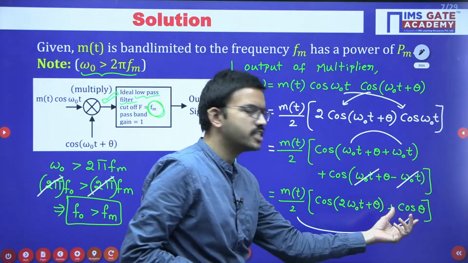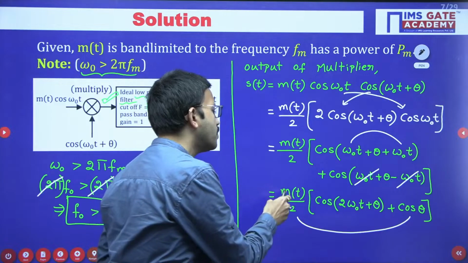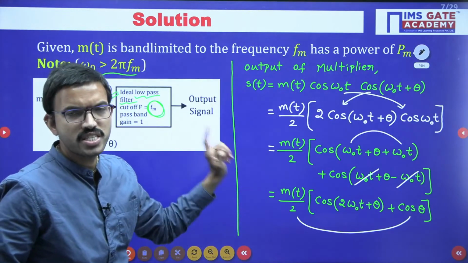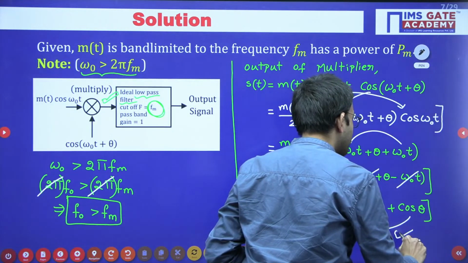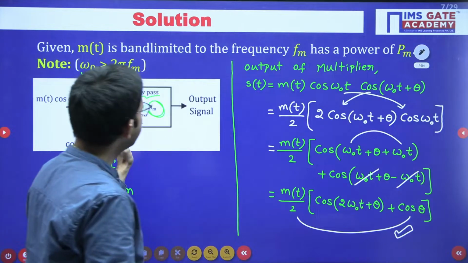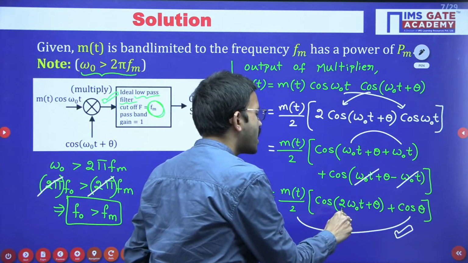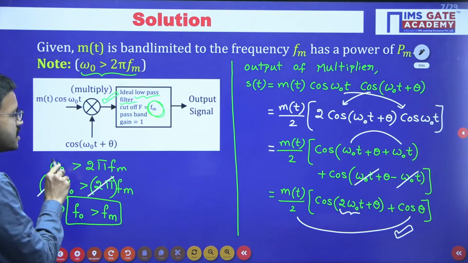See here, if you observe the second term, you have m of t by 2 cos theta. Here cos theta is a constant, and 1 by 2 is a constant. M of t is the signal which has the frequency FM. So this particular term will pass. What about the other term? Here you have 2 omega naught. In the question itself it is mentioned omega naught is greater than 2 pi FM.